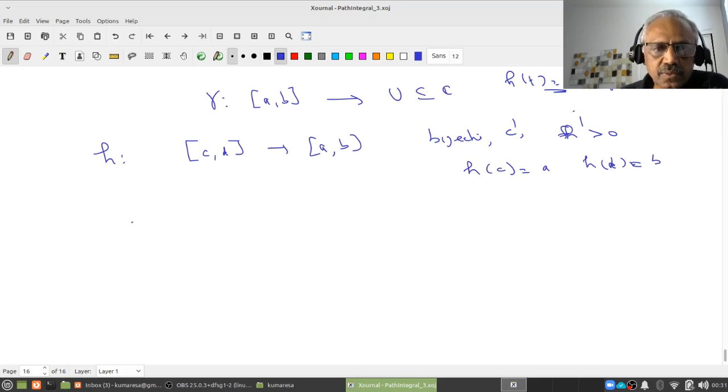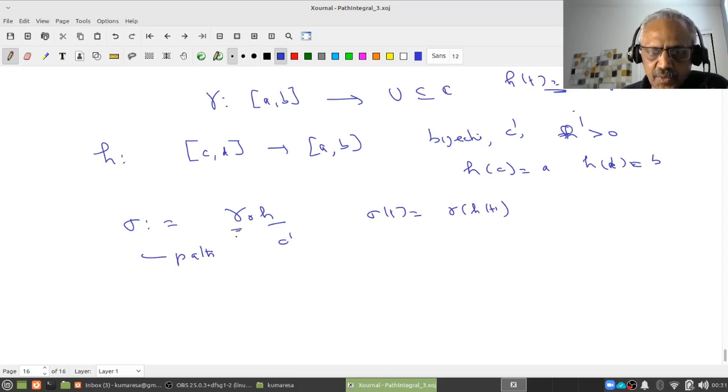So now let's consider the path sigma, which is gamma composed with h. That is, sigma of t is gamma of h of t. Now this is a path. Why? This is C1 by construction. This is piecewise C1. Therefore, on the intervals t_{i-1} to t_i, gamma composed with h is C1. Do you follow that?